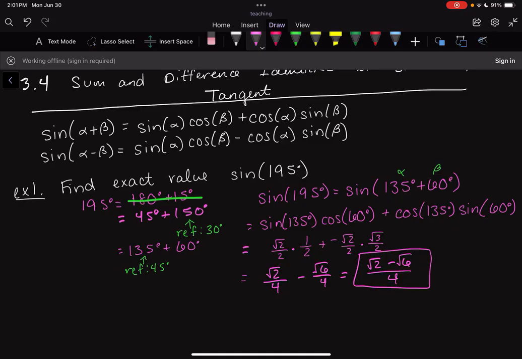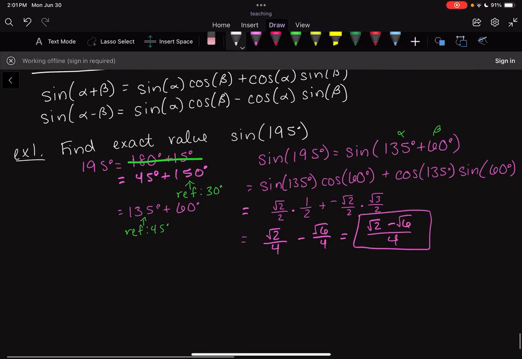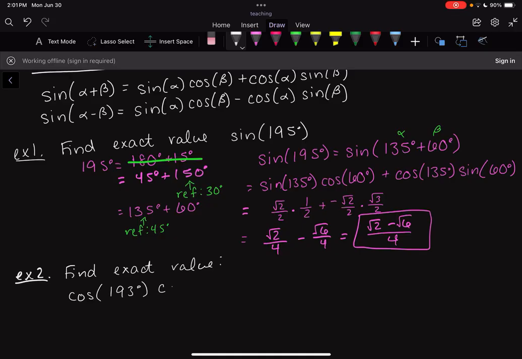Something else pretty common that we can see is sometimes maybe you'll go the opposite way with the identity. So let's see, find exact value. This one's actually going to use the cosine identity. So let's say cosine of 193 times cosine 32 minus sine of 32 times sine of 193.